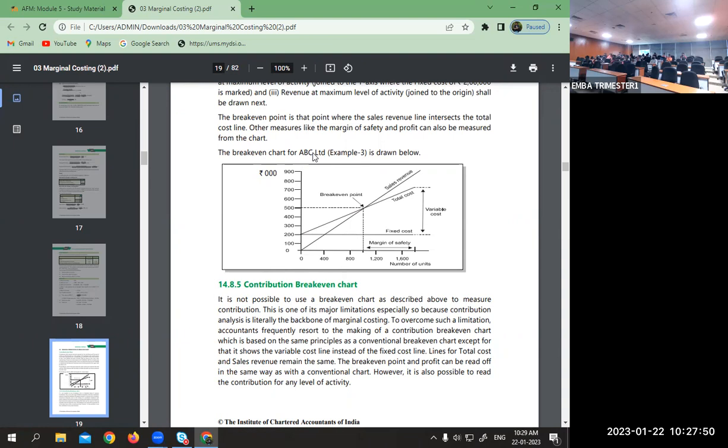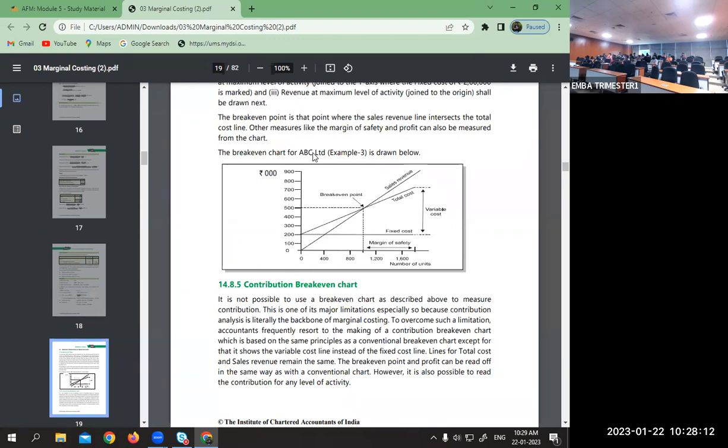This straight line is there as per fixed cost. It represents fixed cost. Even if 0 units are produced, it remains the same. Fixed cost remains the same for 100 units or any other number.